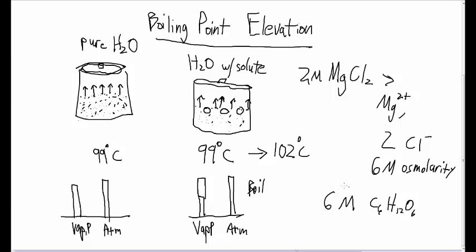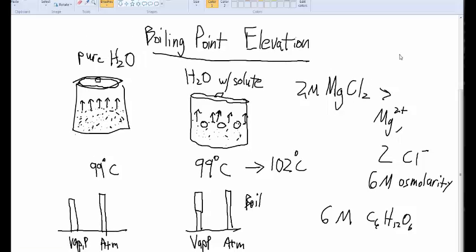So the change in boiling point or freezing point of the 6 molar glucose would be the same as the 2 molar magnesium chloride. Although it's not quite this simple, because I'm assuming full dissociation of the magnesium and chloride atoms. But later we'll look at the van 't Hoff factor, which accounts for non-complete ionization.